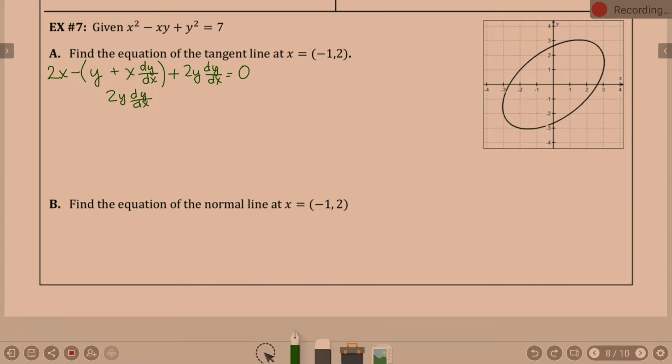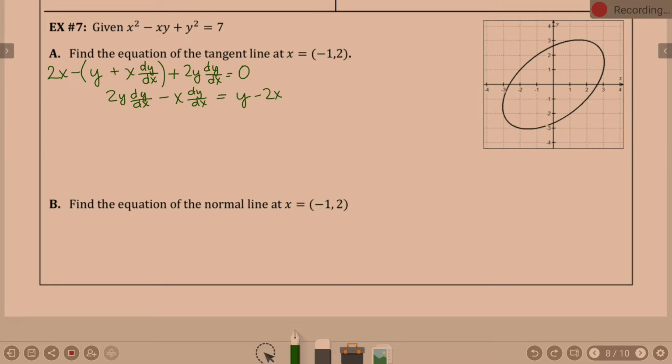And what do we know about the x dy/dx term? It's minus x dy/dx, equals. It's a minus y, so I'm going to add y to the other side. It's a positive 2x, so I'm going to subtract 2x. So we separated our dy/dx terms from our non-dy/dx terms.